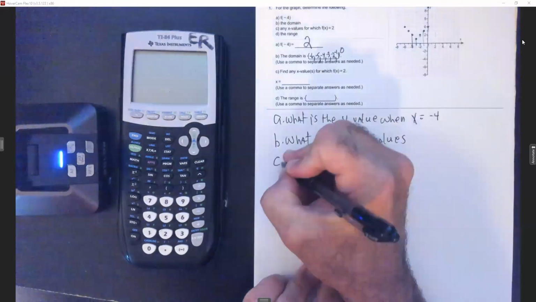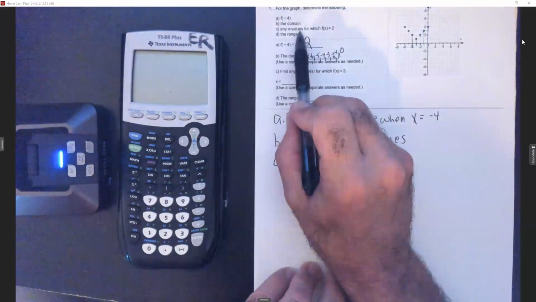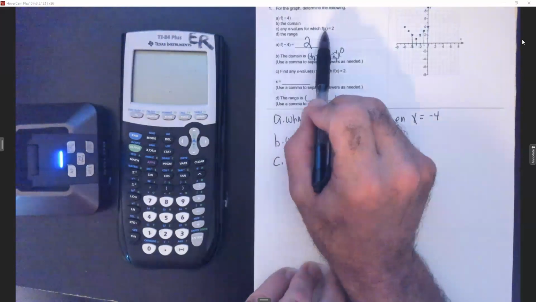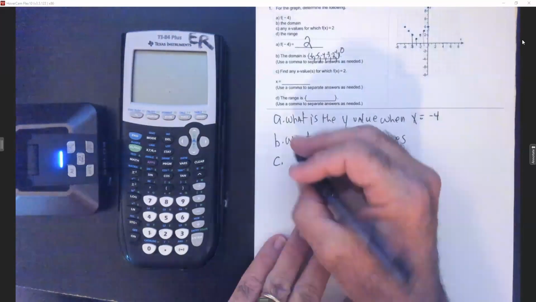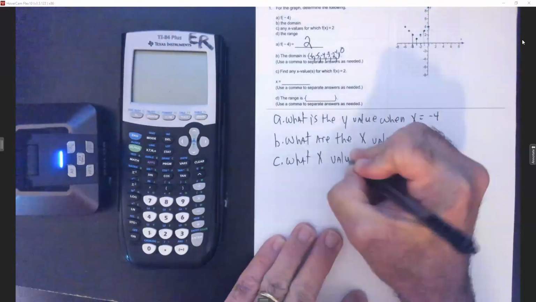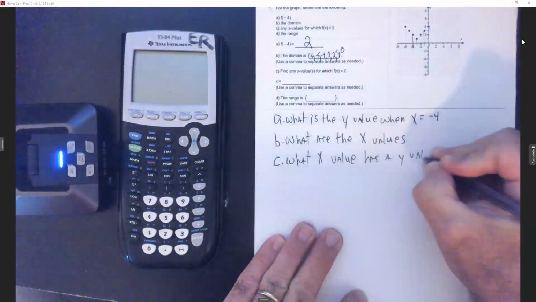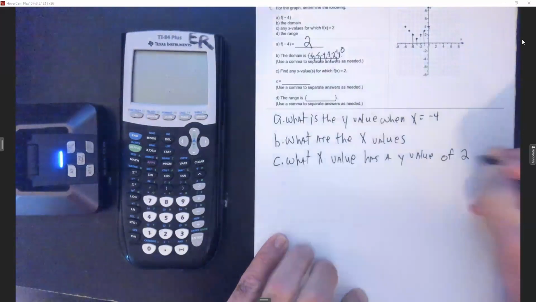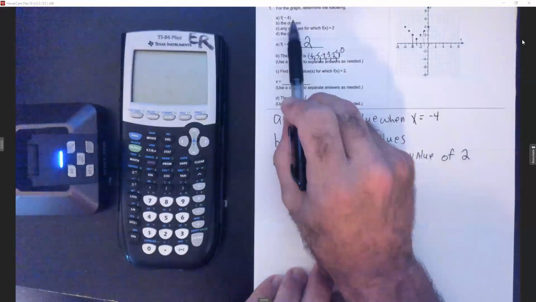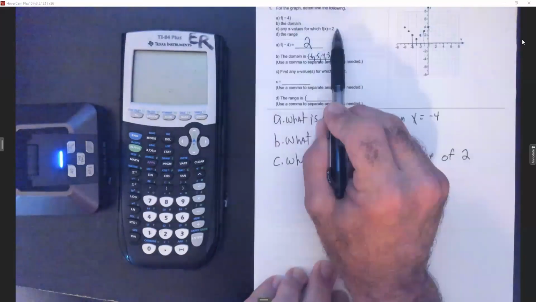So number C says any x values for which f of x equals 2. So what this question is asking us, what x value has a y value of 2? So sort of like number one, they gave me the x and wanted the y. On C, they gave me the y wanting the x.